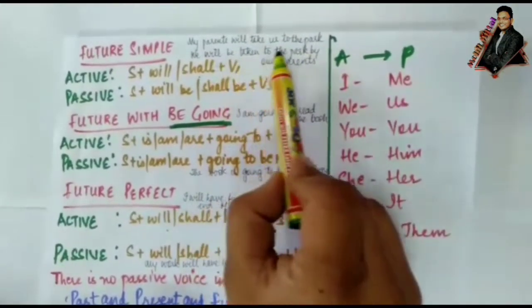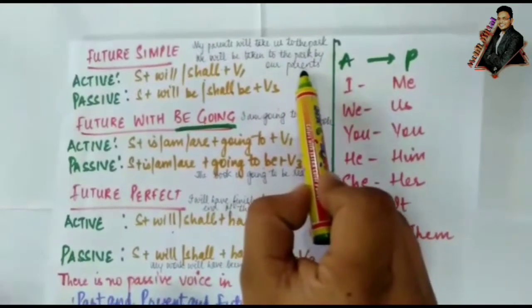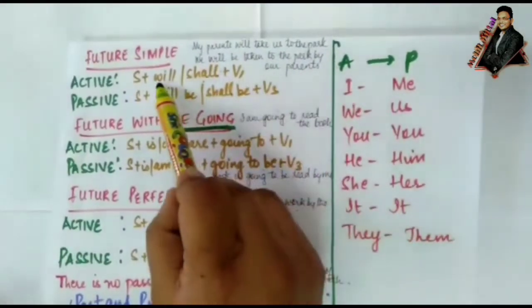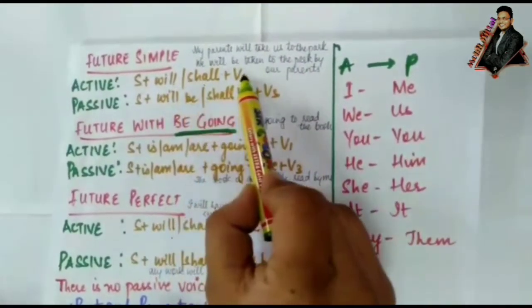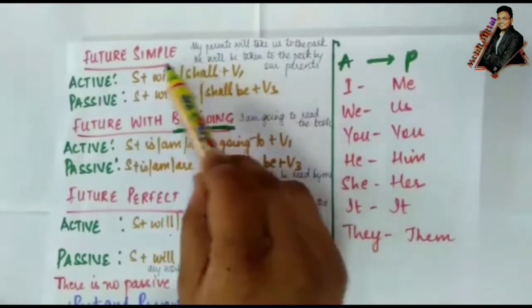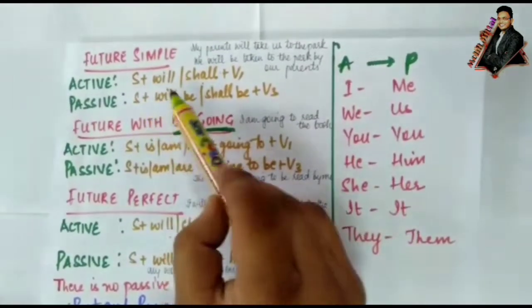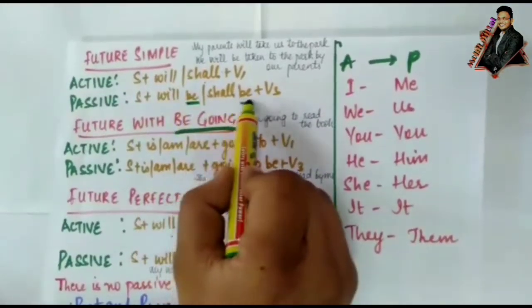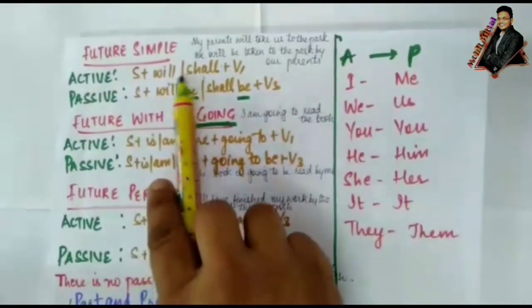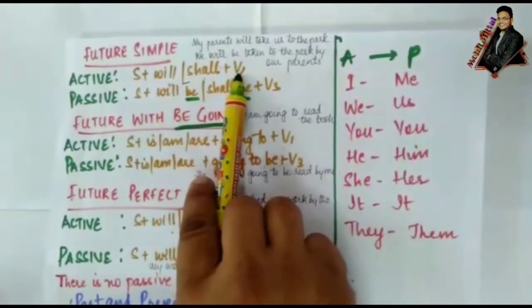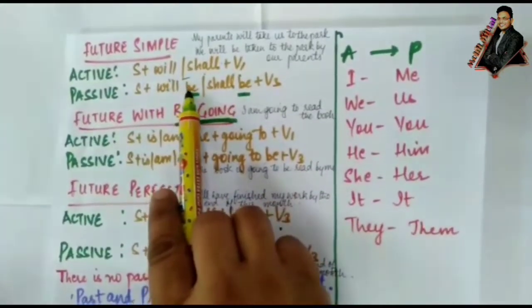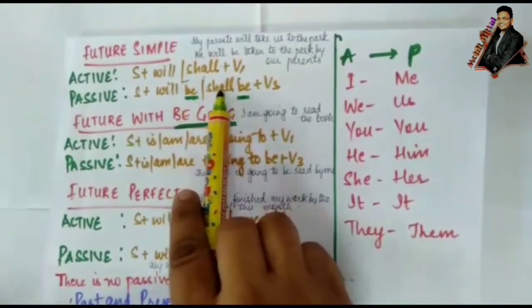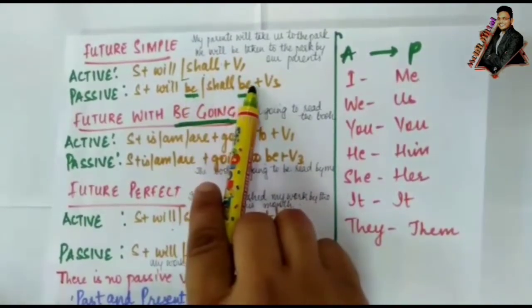We will be taken to the park by our parents. I am repeating: subject plus will/shall plus first form of the verb. Whenever we convert from simple future to passive voice, it will be shall be or will be. See, be is added.